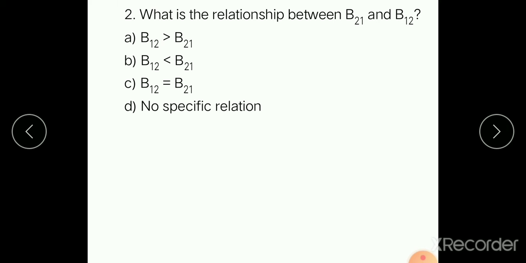Second one, which is the relation between B21 and B12? Option A, B12 is greater than B21. Option B, B12 is less than B21. Option C, B12 is equal to B21. Option D, no specific relation.